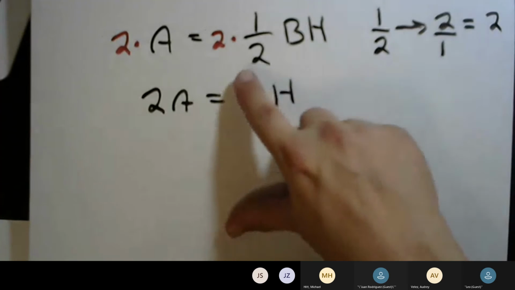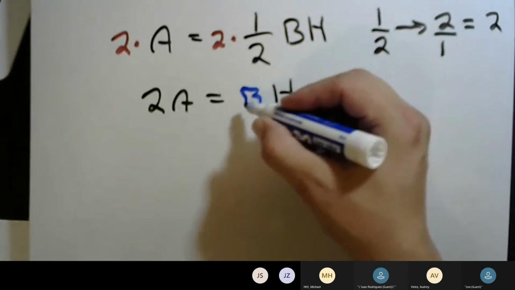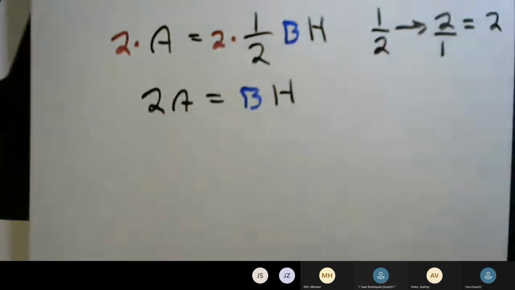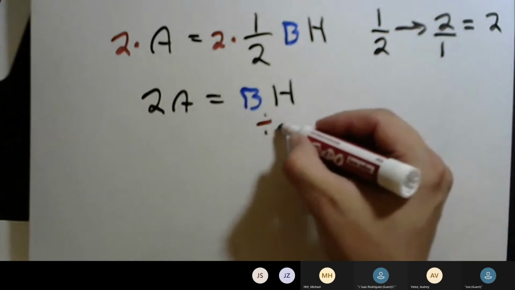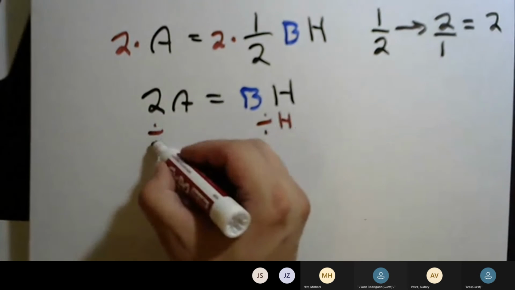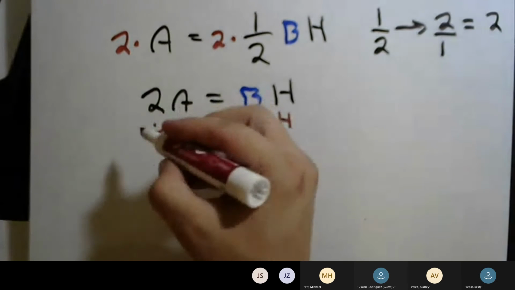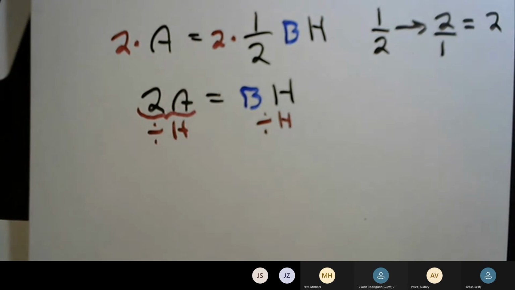Again, when two variables are next to each other, it means multiplication. So again, we're treating b as if it's the only variable. So the opposite of multiplying by h is dividing by h. When we divide by h, we've got to be careful. We're actually dividing the entire side by h.